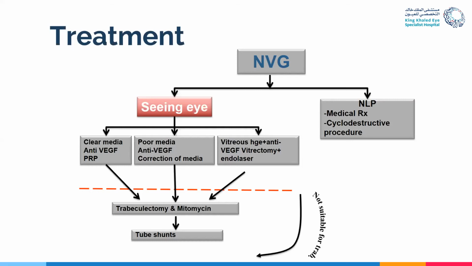If not, then, as we'll see later, I will share with you our experience in this regard. If there's no extra risk for failure, I think the best approach is to go for trabeculectomy with mitomycin C.